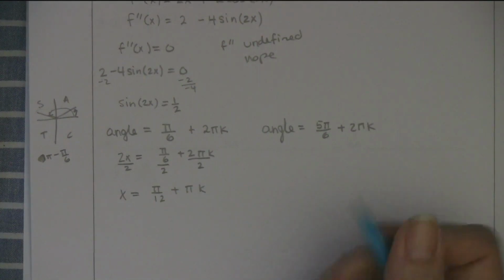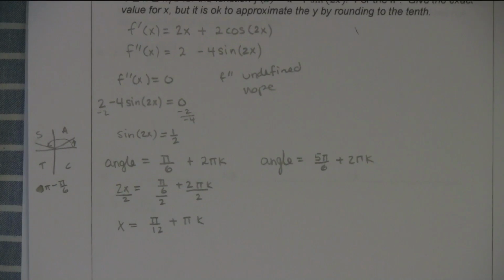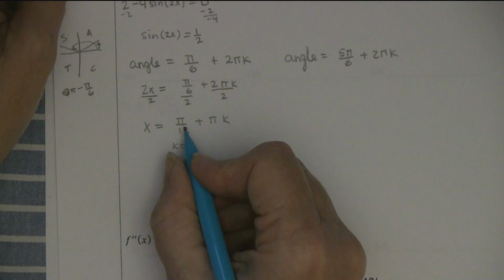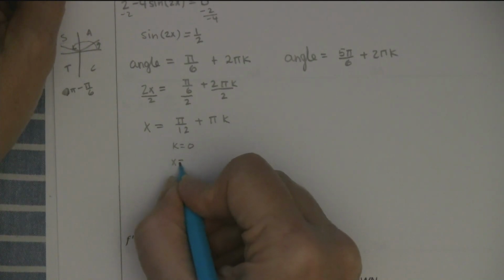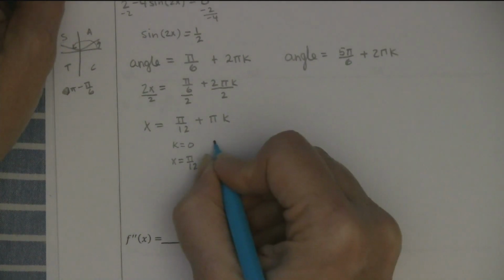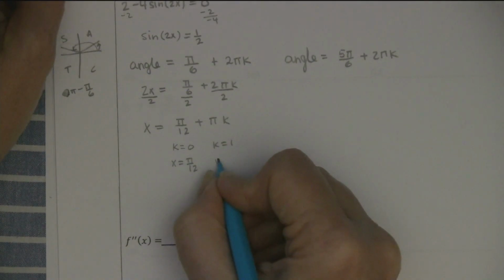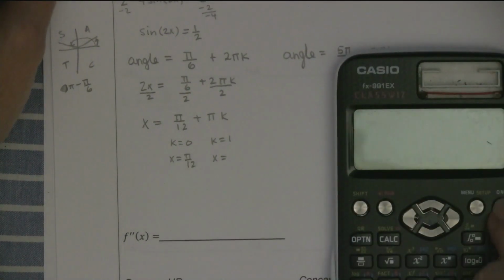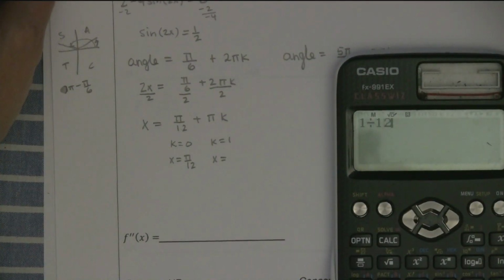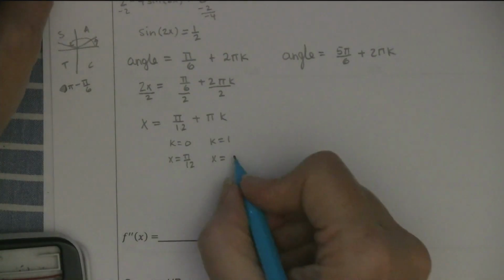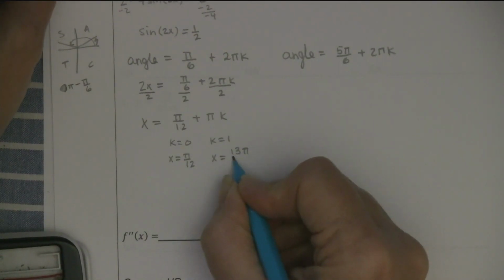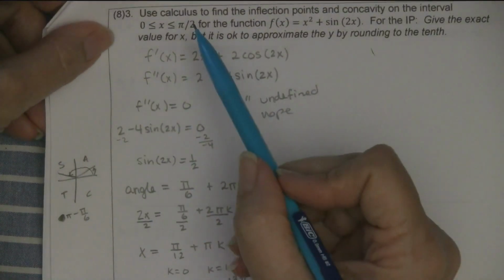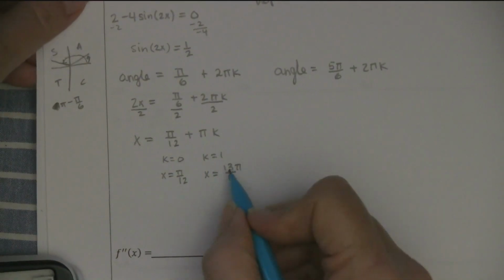And then I'm going to get, depending on my values for k, right? If k is 0, then for my answer, I get x equals pi over 12. And if k is 1, then for my answer, I get pi over 12 plus 1 pi, right? So 1 over 12 plus 1 is 13 pi over 12. And you can see that for my interval, I'm too big, right? 13 pi over 12, this is too big for my interval.